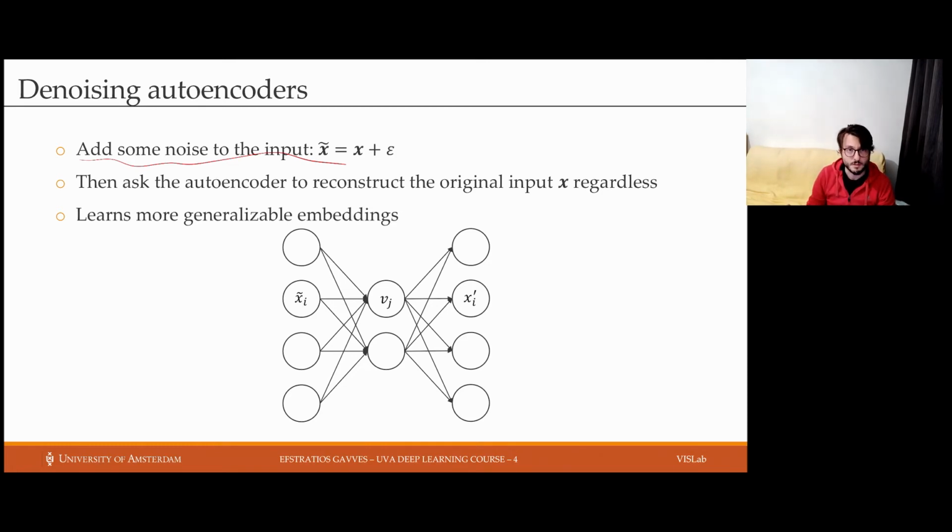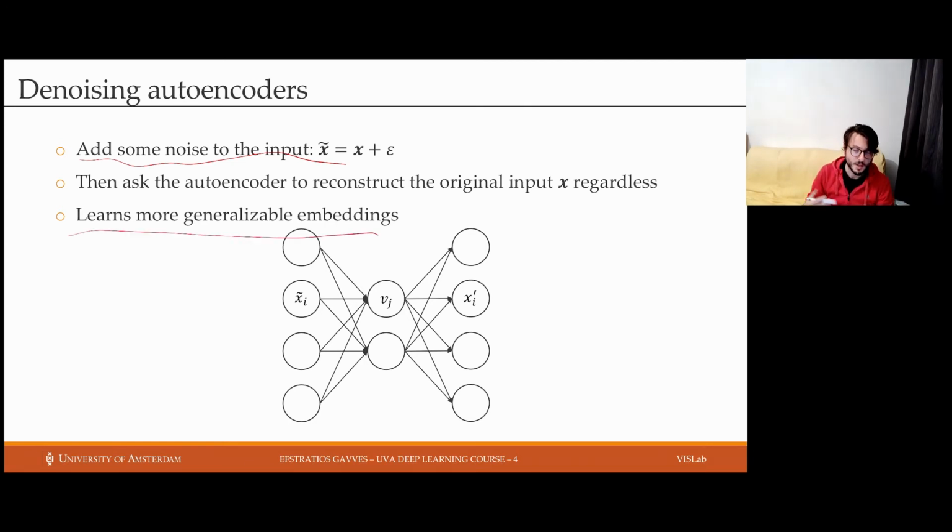So the model doesn't really have access to the original signal, it has access to only a noised up version of the original signal. However, it can attain zero loss only if it tries to minimize the distance of the reconstruction to the original signal regardless.